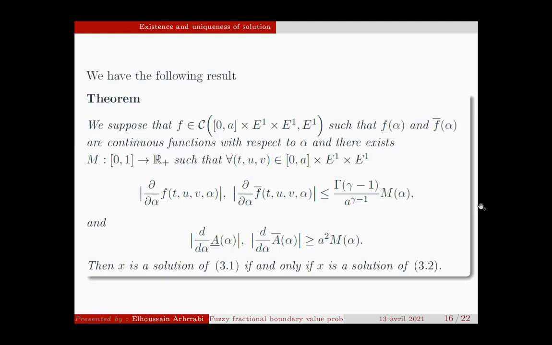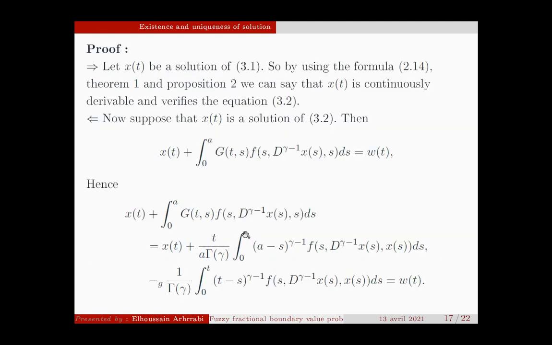We suppose that f is continuous such that the left and right-hand endpoints of the alpha cut of f are continuous functions with respect to alpha, and there exists a function m such that we have these two inequalities. Then x is a solution of equation 3.1 if and only if x is a solution of equation 3.2.